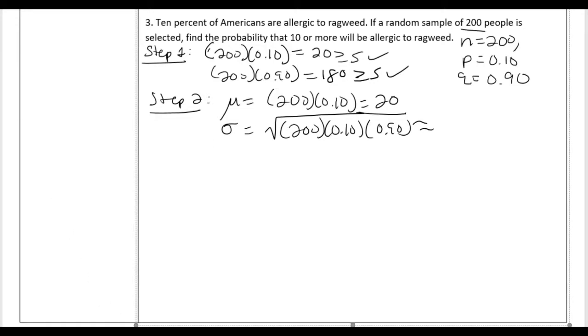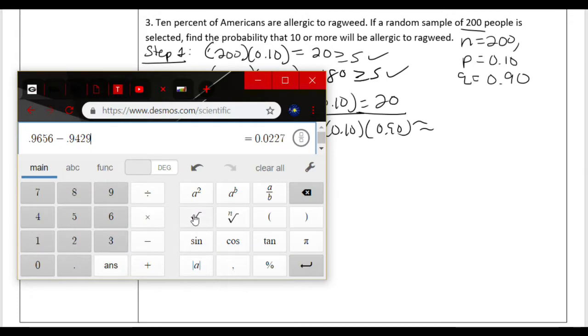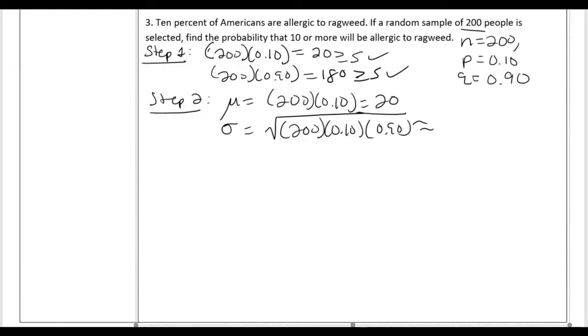I'm going to calculate that since it is a square root after all. That's 4.24. All right, step 3. Write the probability in notation. So we want the probability that 10 or more, so greater than or equal to 10.